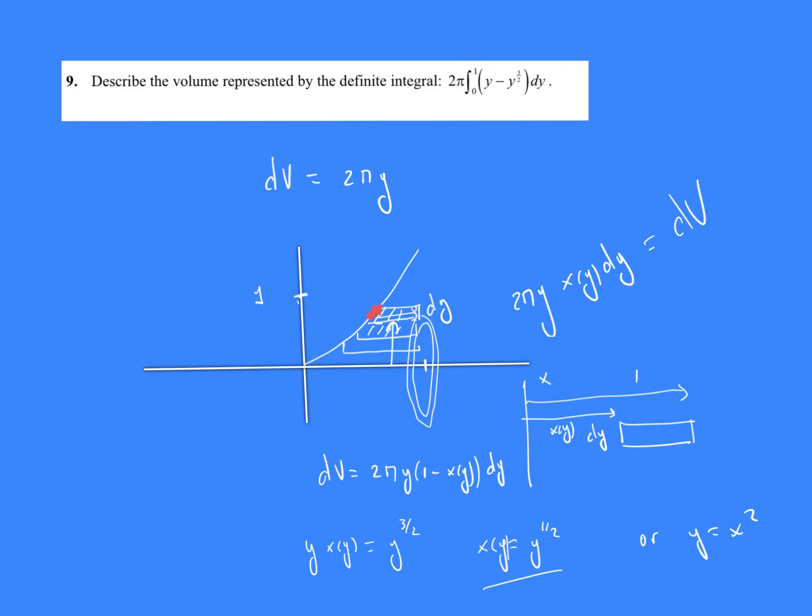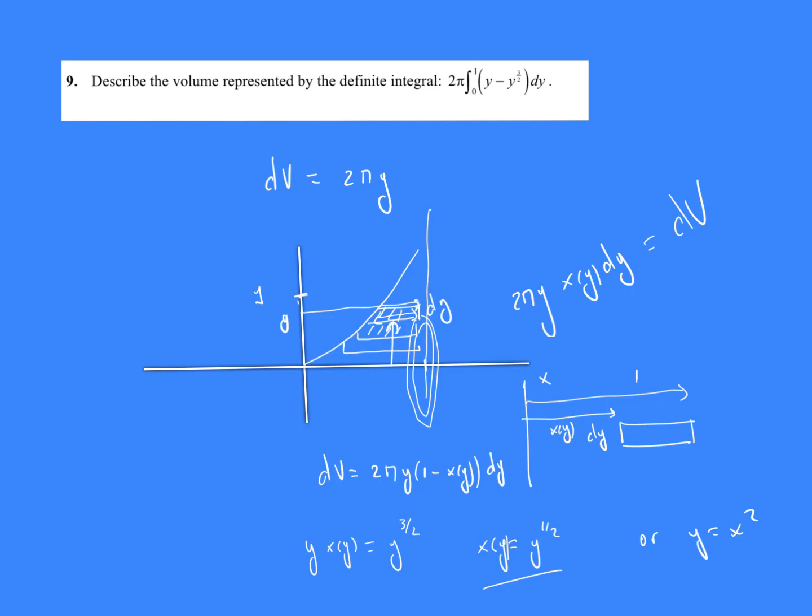dy, but this is not x of y. If this is y, x of y is not everything. This is the length of the door, of the area, and the length is everything, which is 1 minus x of y.